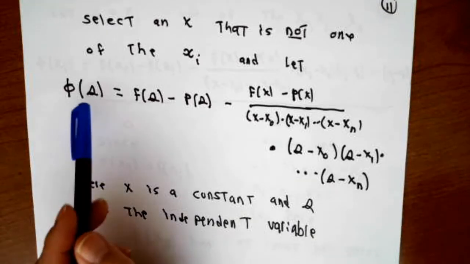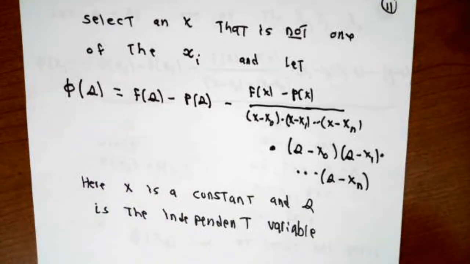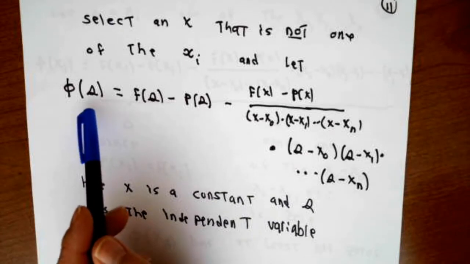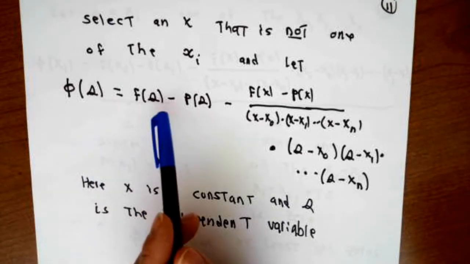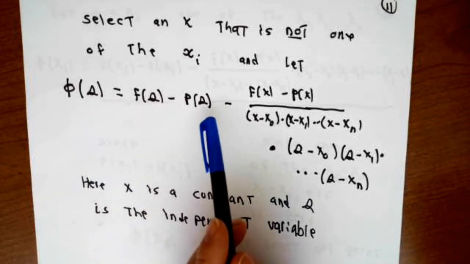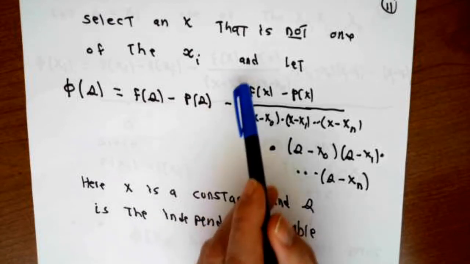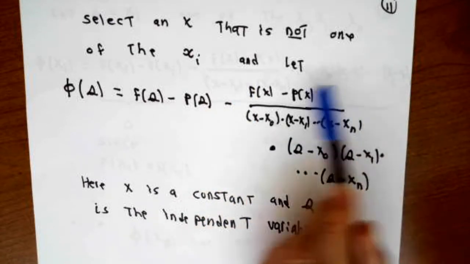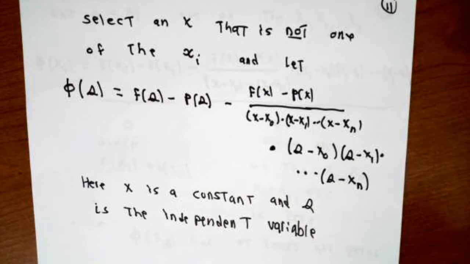This function that I've cooked up is a function of some other variable, which I'm writing as lowercase script s. So I'm going to define phi of s to be f of s minus p of s. This fraction doesn't have s in it at all, so it's a constant.